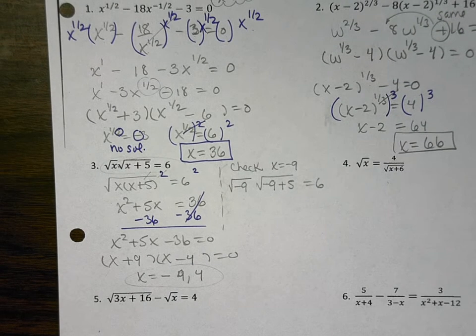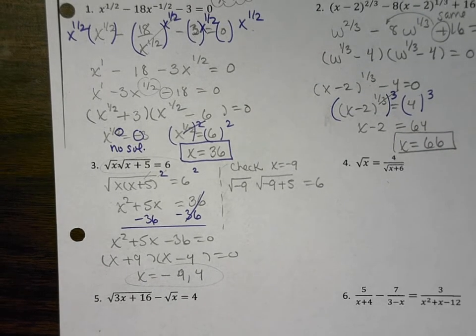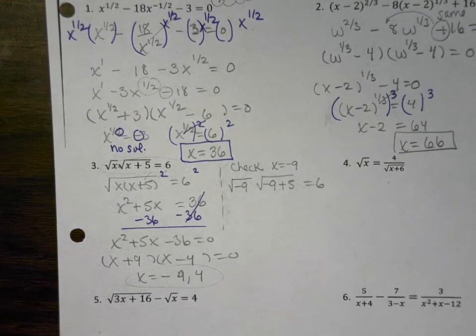Do you guys remember working with imaginary numbers last year and the year before? It is okay to multiply radicals, but when there's negatives involved, it works a little differently. I'm going to repeat that.